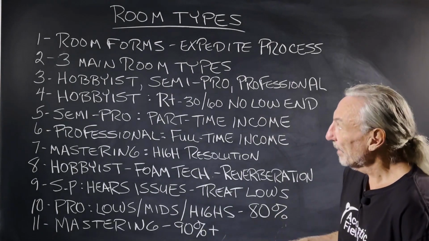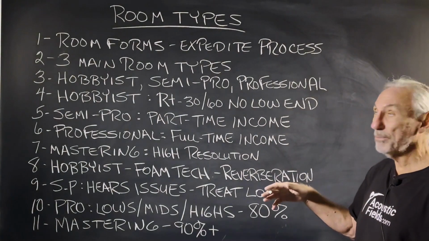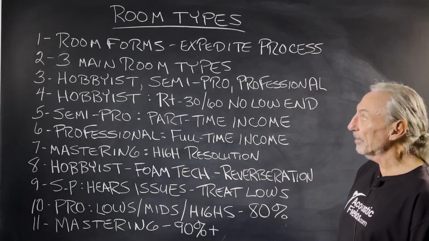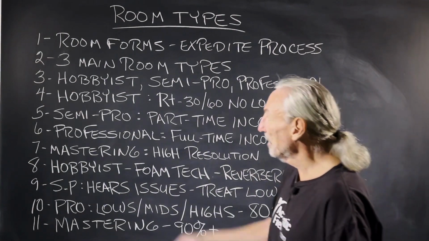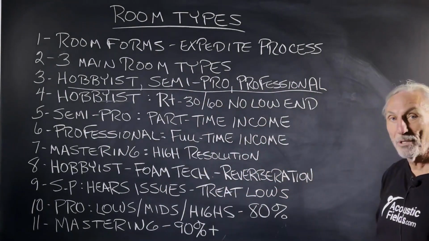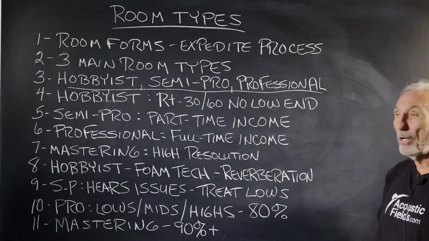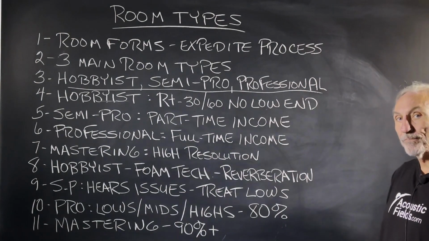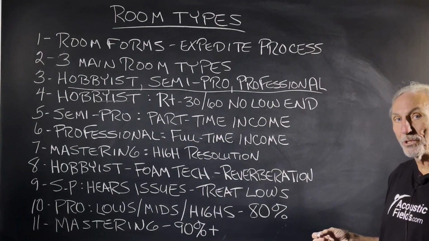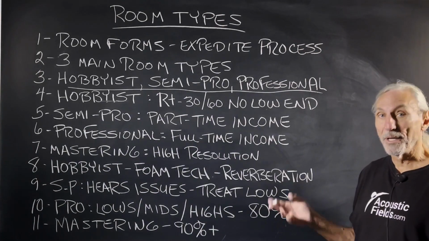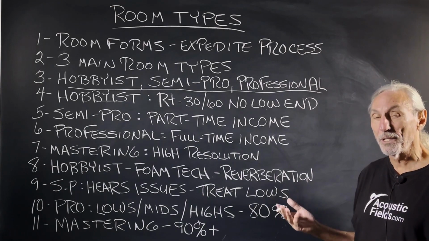So I think if we classify rooms in three types, we're going to move a little bit faster along that road. So we see three main types. I see hobbyist, semi-pro, and professional in the people that call on our room forms and submit data. Now the hobbyist, he's not really concerned with the low end. This is what we find. These are not scientific findings, but this is our data that we collect.